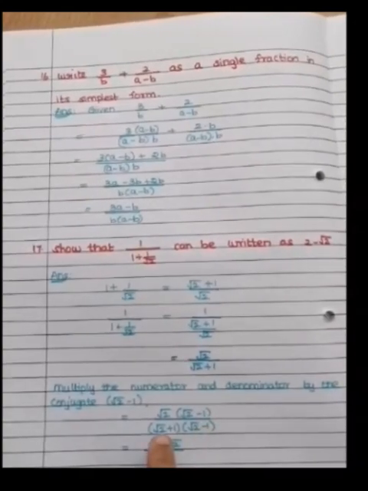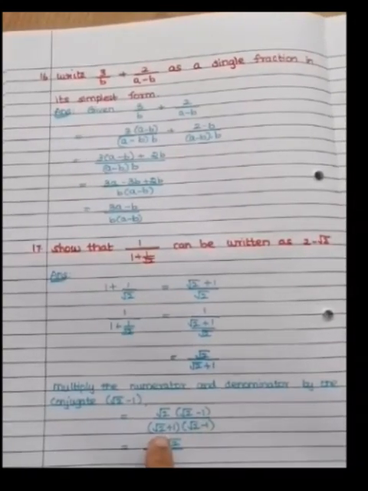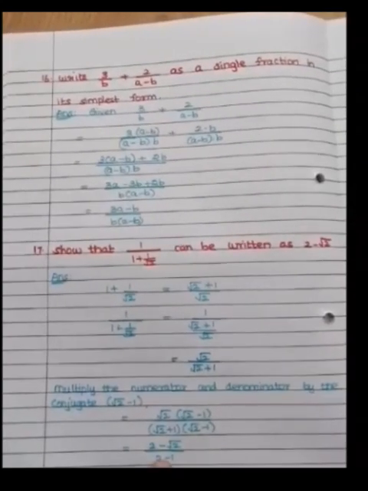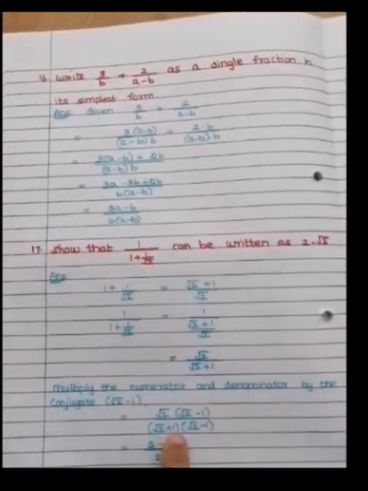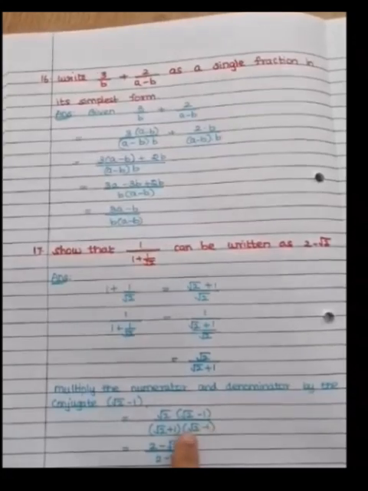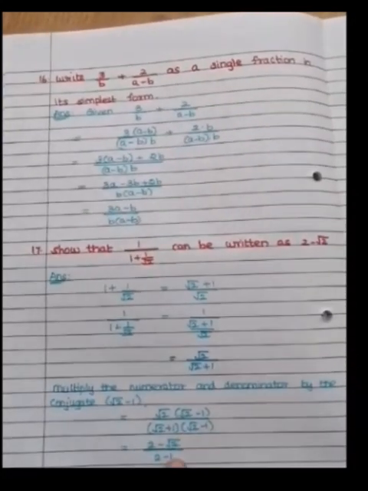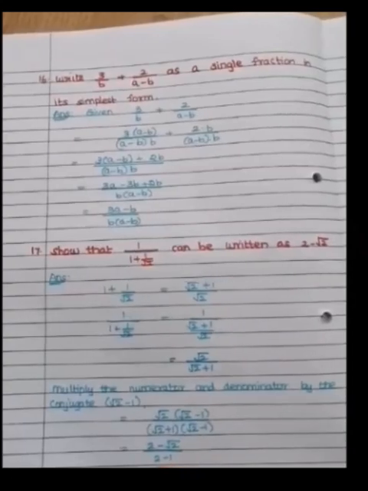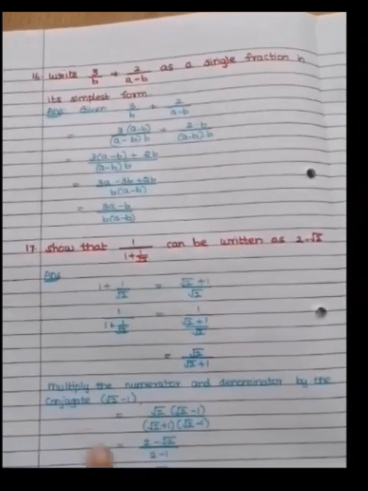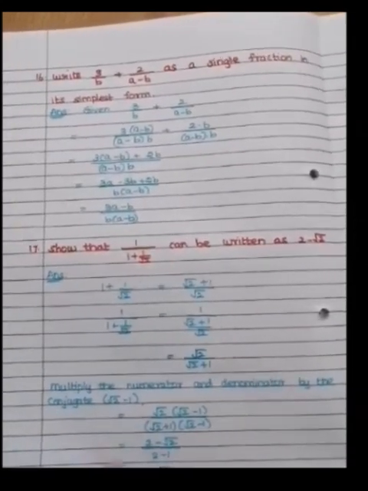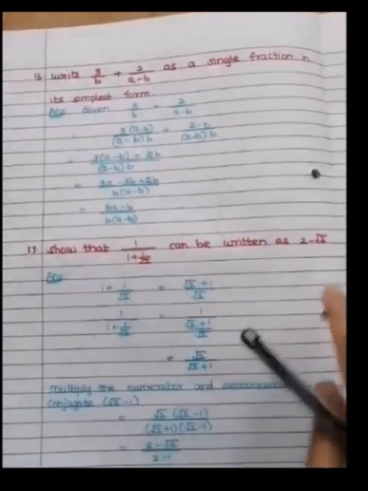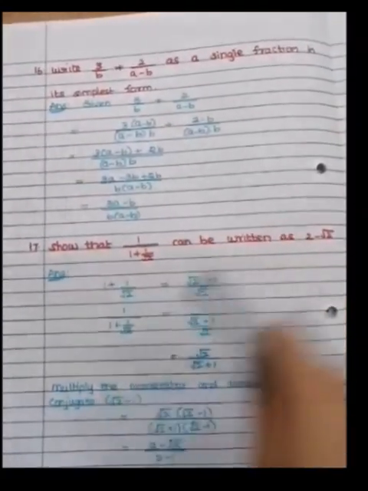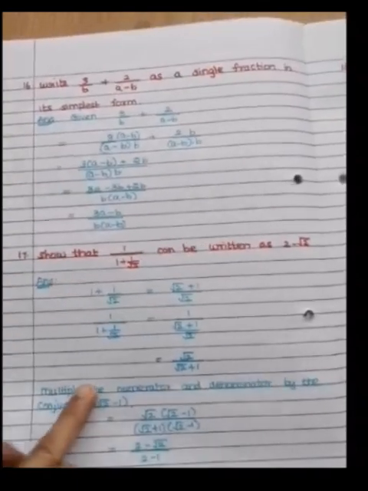So a is root 2, so a square is root 2 square, which is equal to 2. And b is 1, so b square is also 1. So we get 2 minus 1, which is equal to 1. So 2 minus root 2 is the answer. We have the proof. Yes, next question.